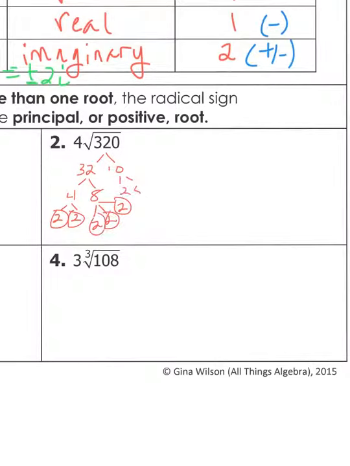And then 10 is 2 and a 5. So underneath, well, actually in front, I have a 4. And I have the square root of 2, 4, 6.